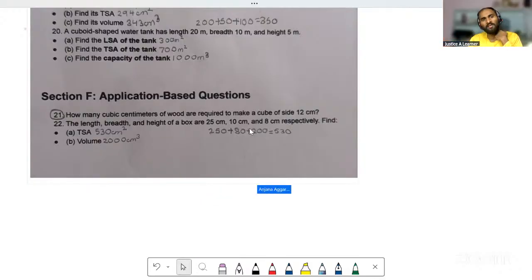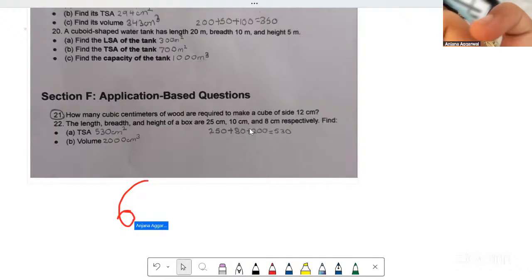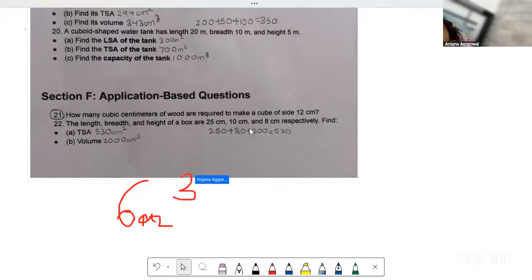How many cubic centimeters of wood are required to make a cube of side 12 centimeter? It is giving a side, and we already know that in a cube all sides are equal. So it's 6, 12, 3?